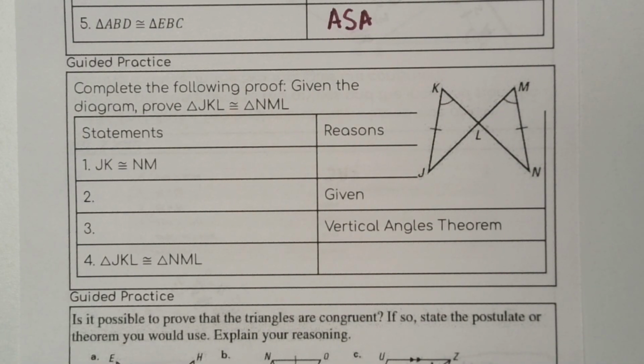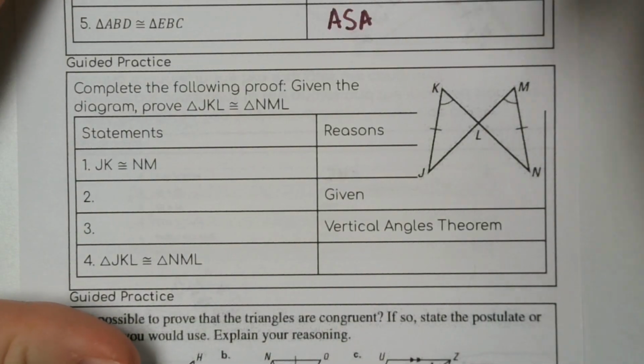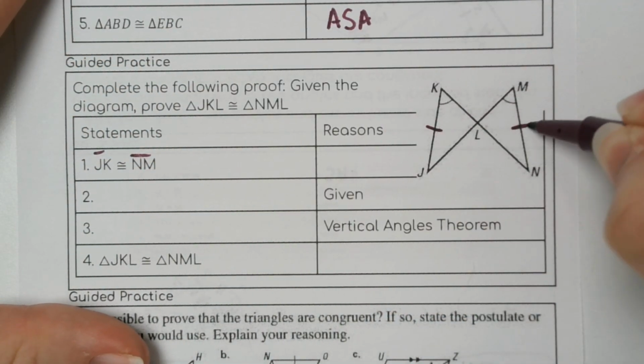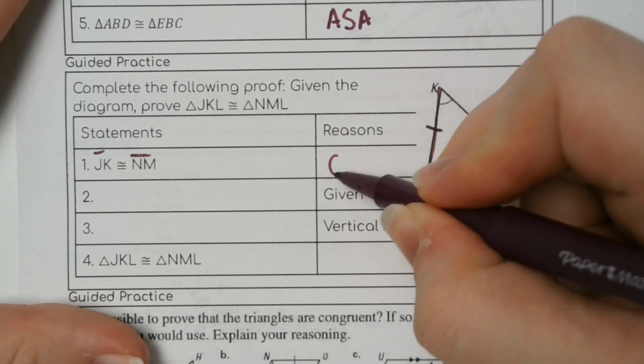So, it says to complete the following proof, given the diagram, prove that JKL is congruent to NML. The first thing it tells us is that JK is congruent to NM, because that is, what's our reasoning for that? Given.